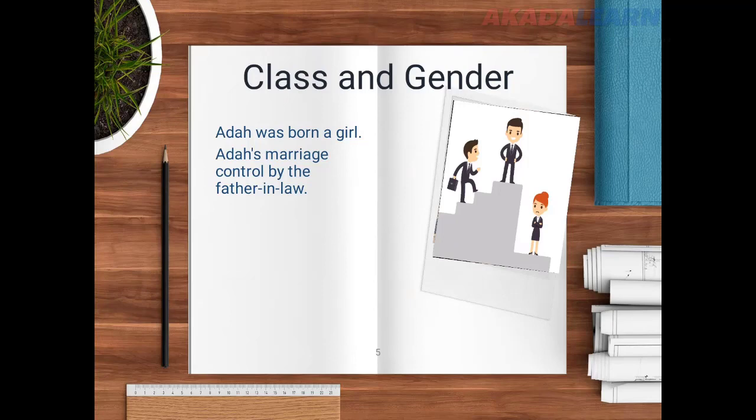Ada's marriage was also controlled by her father-in-law, Pa Francis. You remember Pa Francis, Francis's father. Everything in the marriage was dictated by him. How the monies should be shared was also dictated by him. She was the one working and catering for Francis.